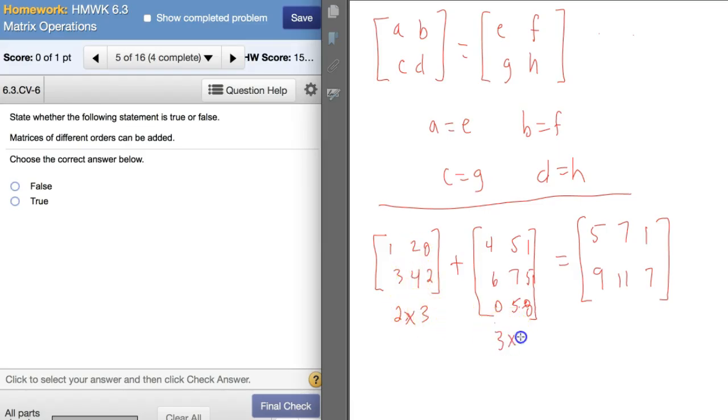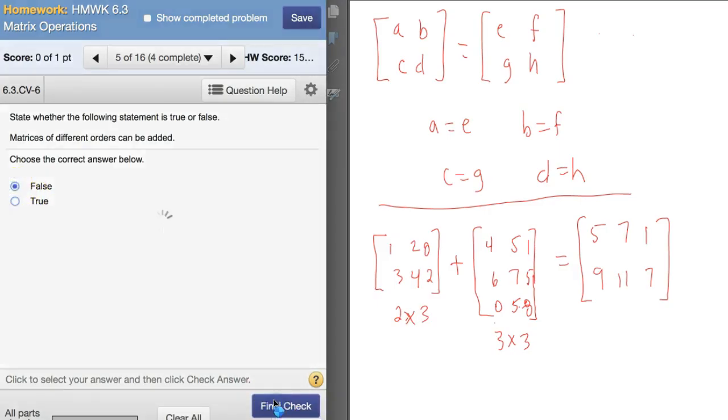So this is a 3 by 3. And of course, there's nothing for 0, 5, and 8 to add up with over here. So that's why we cannot add matrices that are not of the same order. So this would be false as a result.